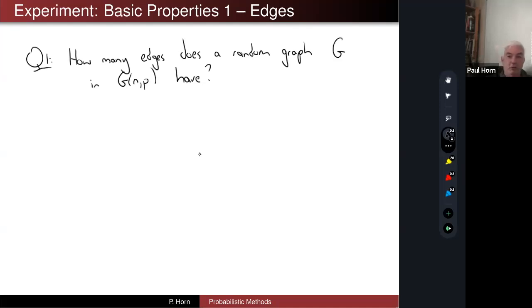It's a random variable, of course. I generate a random graph using this, and I could have anything between 0 and n choose 2 edges. But the expected number of edges is, well, there are n choose 2 possible edges, and I expect a p fraction of them. Okay, that's easy enough.